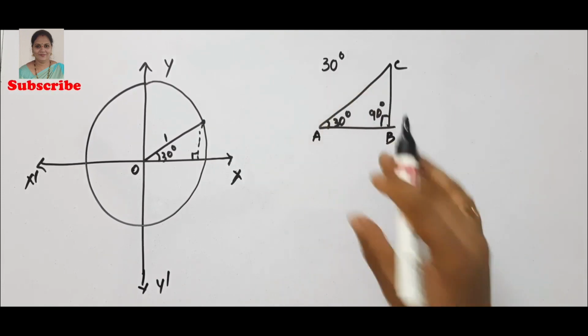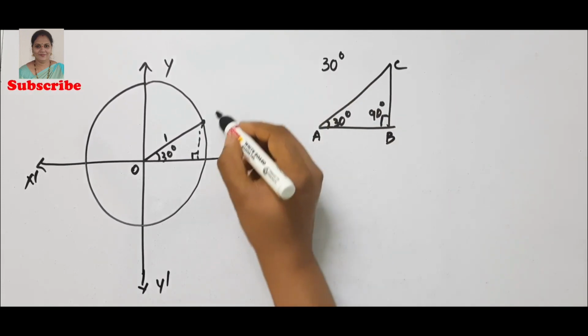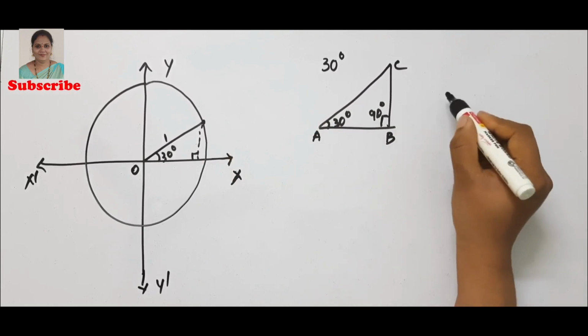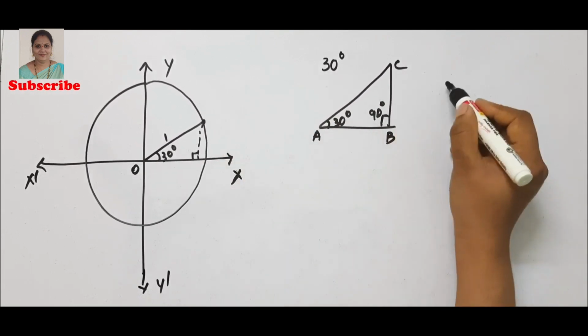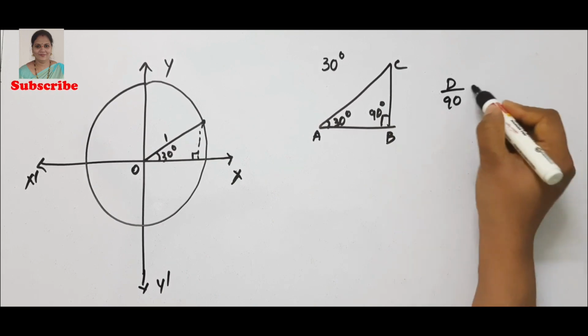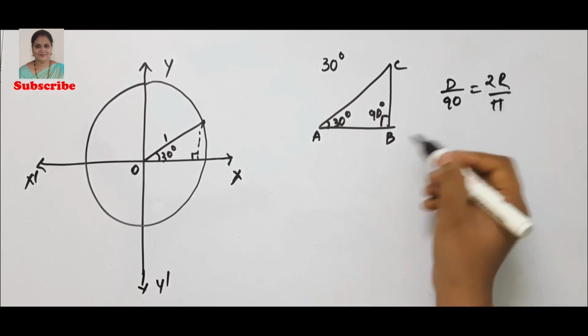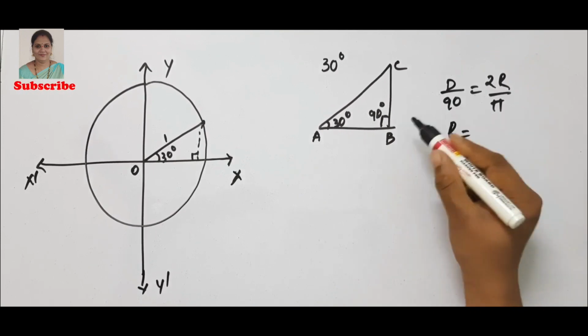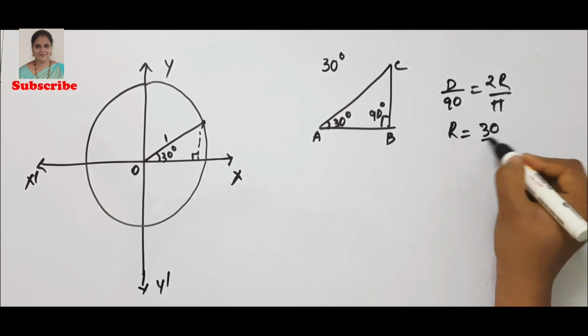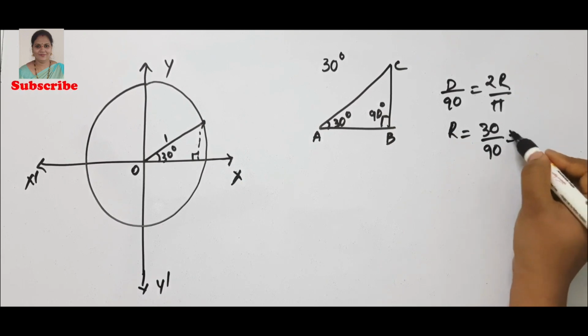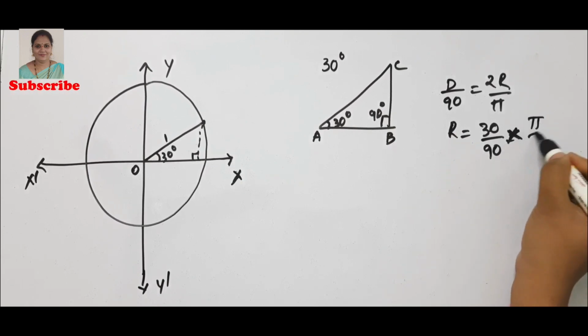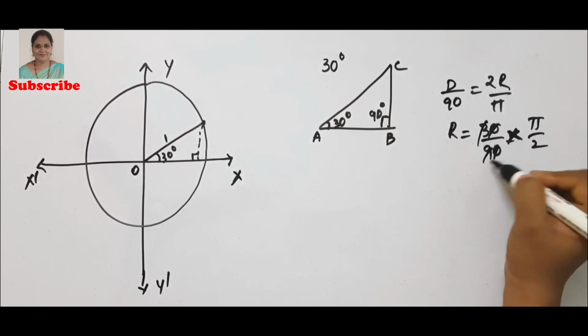This 30 degrees we can write in radians using the relation we studied before. That is d by 90 is equal to 2r by pi. Using this relation you will get radians. In radians, d is nothing but 30 by 90, into pi by 2. So 0 cancels, this is 3.